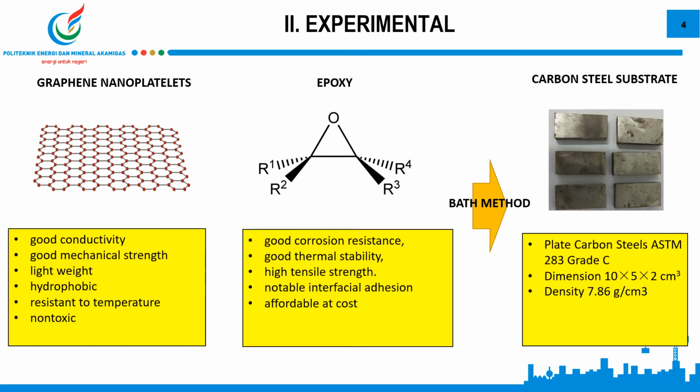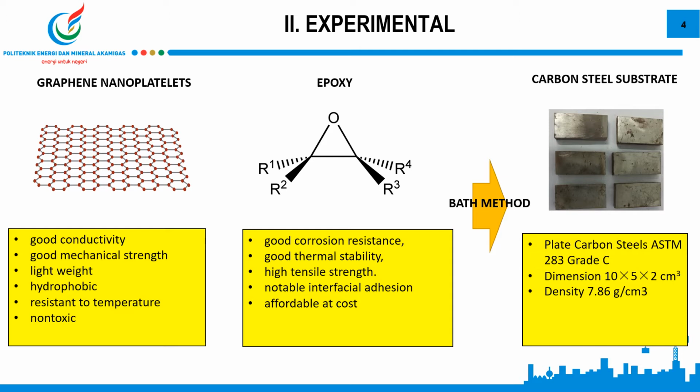Okay, these are our materials. We use graphene and epoxy. Graphene is used because of their prominent properties such as good conductivity, good mechanical strength, lightweight, hydrophobic, resistant to temperature, and non-toxic.